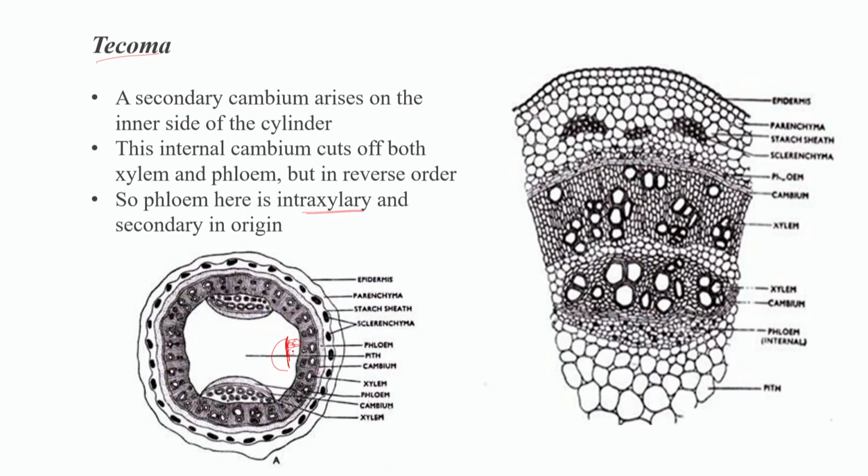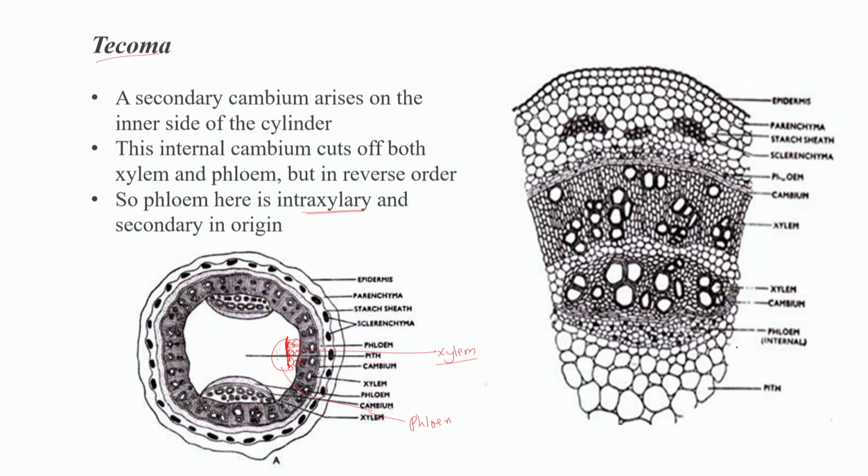Okay, it is making phloem on the inner side. This is the phloem and this is the xylem. So, in this way you can see patches of phloem in the pith region.